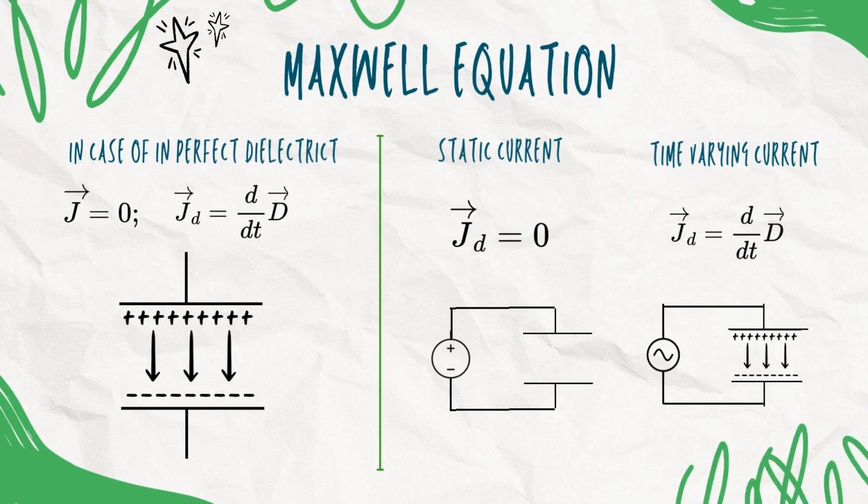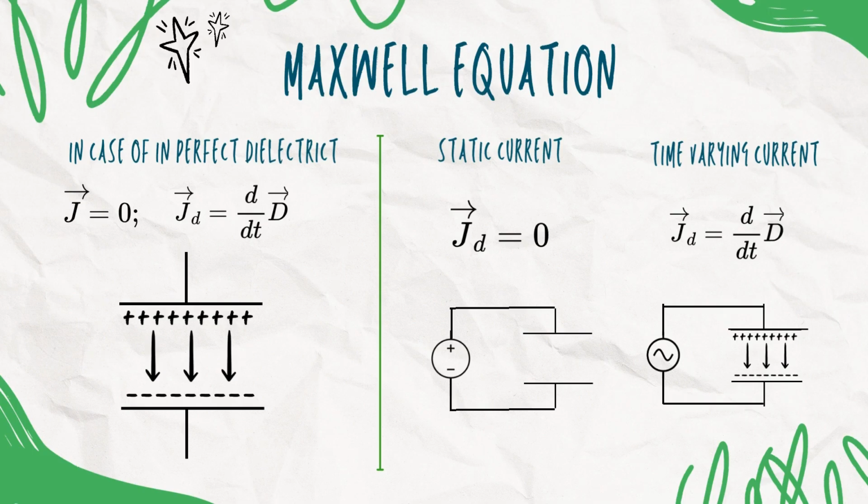In the case of perfect dielectrics, the displacement current is equal to the rate of change of flux density. So in static current, or DC voltage, there will be no current flow inside a capacitor of perfect dielectrics, because the flux density is static all the time.